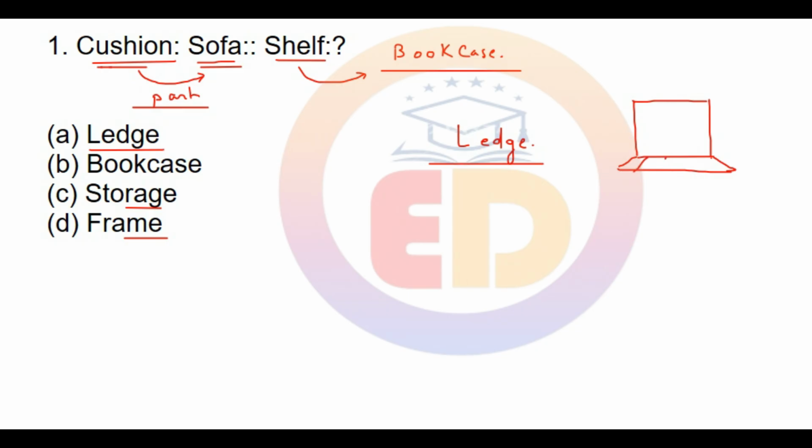This extra part will be the ledge. Understand what a ledge is? Ledge is the extra space which is outside the window. That is called a ledge. The answer here will be option number B.